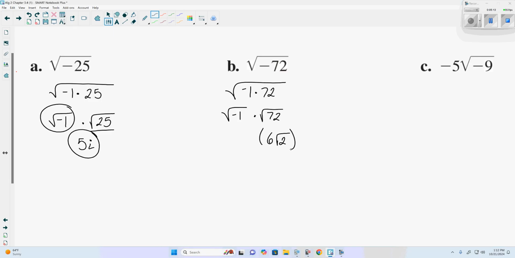And we said the square root of negative 1 is what? i. So we multiply these back together, we would get 6i square root of 2. Questions on this here? Questions on anything we've done so far?